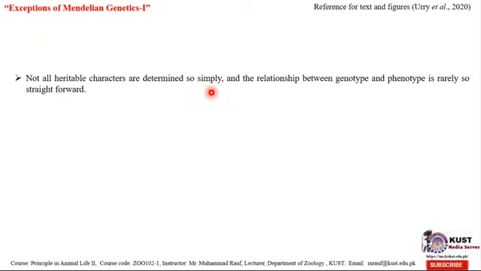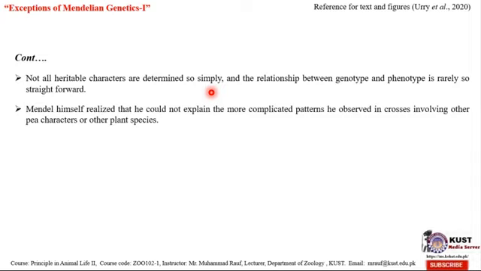So things are not so simple everywhere. Mendel himself realized that he could not explain the more complicated patterns he observed in crosses involving other pea characters or other plant species.